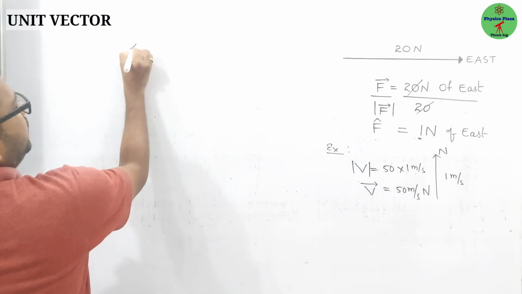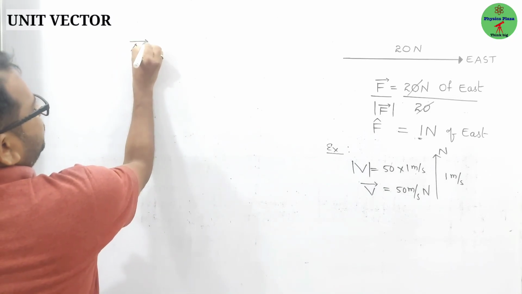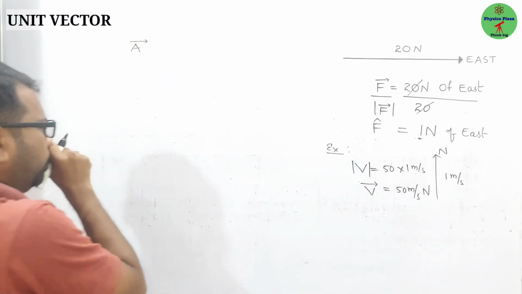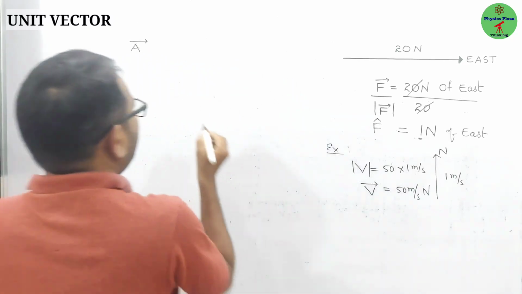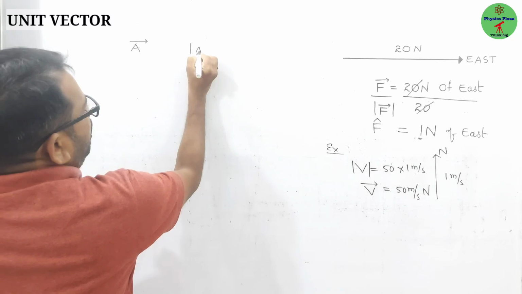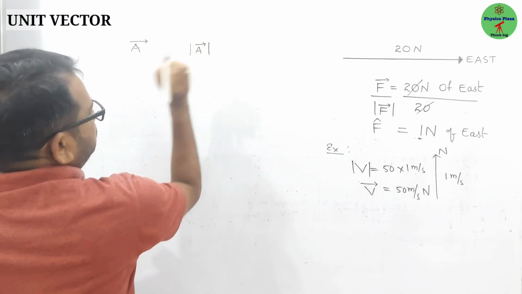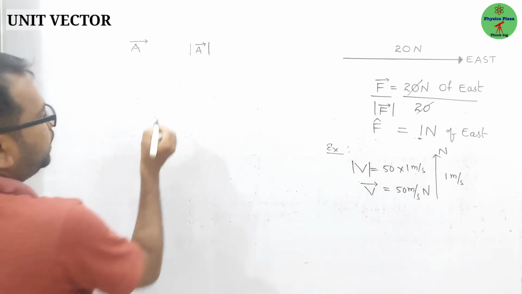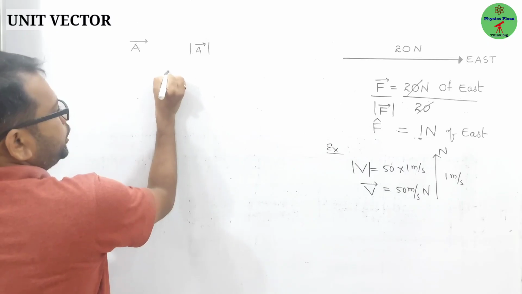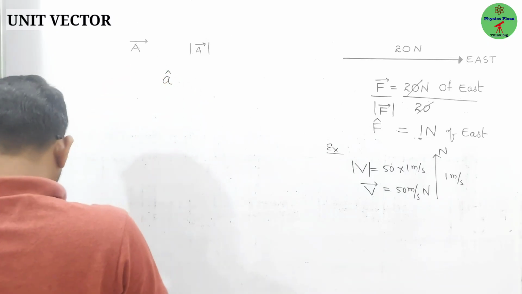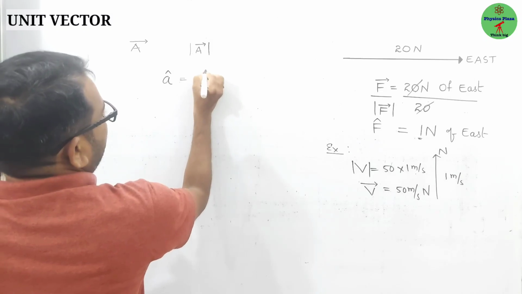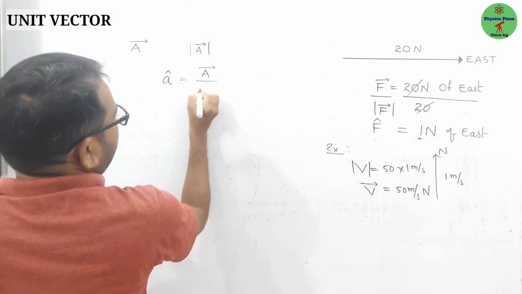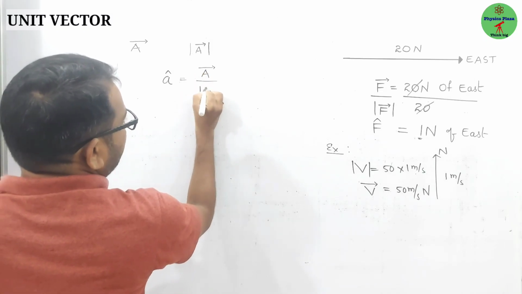Suppose, children, A is a vector, and mod A is its magnitude. Now we will define the unit vector of this particular vector. How? In a simple manner: this vector divided by its own magnitude.